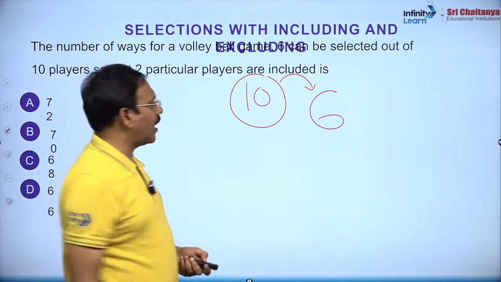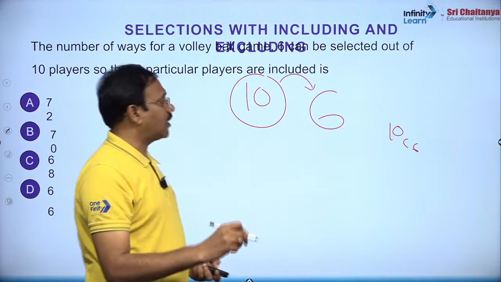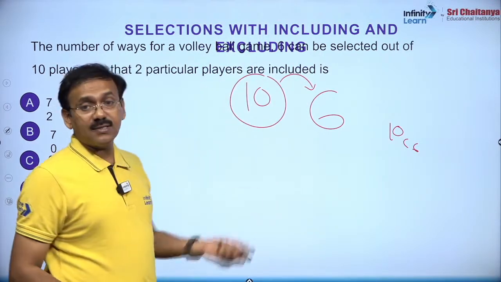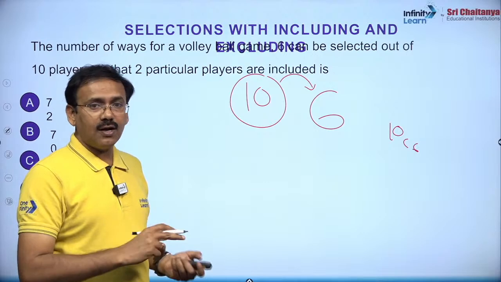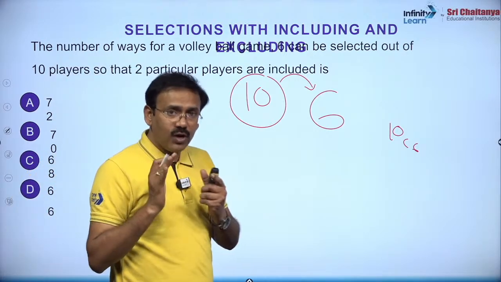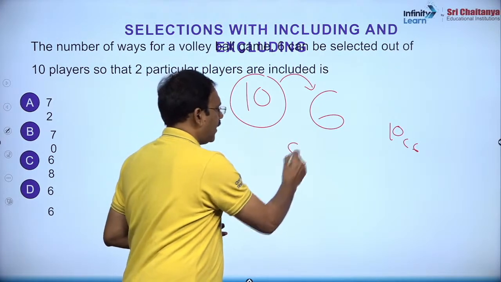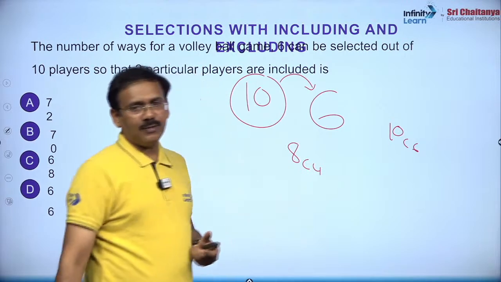If no restriction, answer क्या है? 10C6 होता है. लेकिन यहाँ पे restriction है कि 2 particular players are always included. So अगर वो players को जरूर include करना है तो हमें और only 4 student को selection करना पड़ेगा from the remaining 8. माने 8C4 होता है.